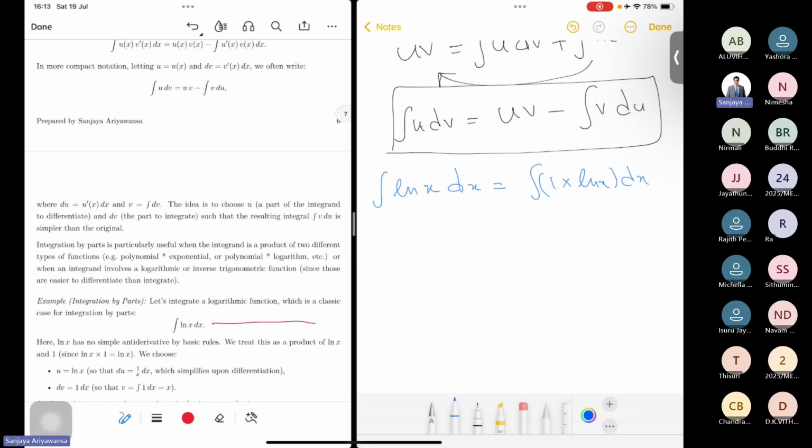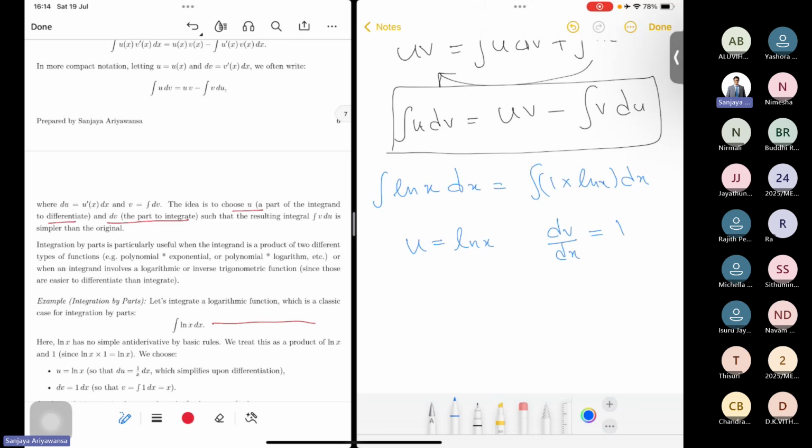The first is choosing u, which is the function you want to differentiate, and choosing dv, which is the function you want to integrate. So here I'm going to choose u as log x, and dv by dx as 1.